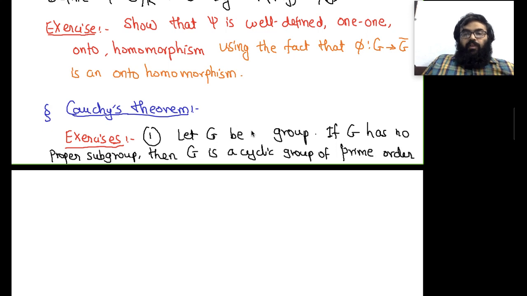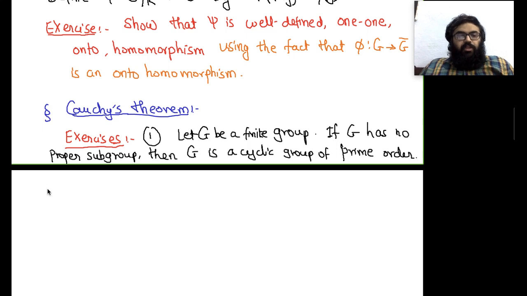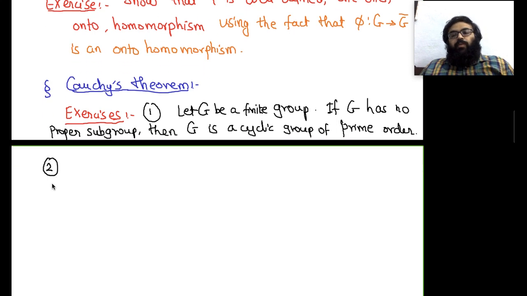We consider here maybe a finite group. So suppose G is a finite group. If G has no proper subgroup, then G must be a cyclic group. Not only that, its order must be a prime number. So if G has no proper subgroup, then G is a cyclic group of prime order. This is the first exercise, very easy. Try it yourself, especially those who are interested in problem solving.